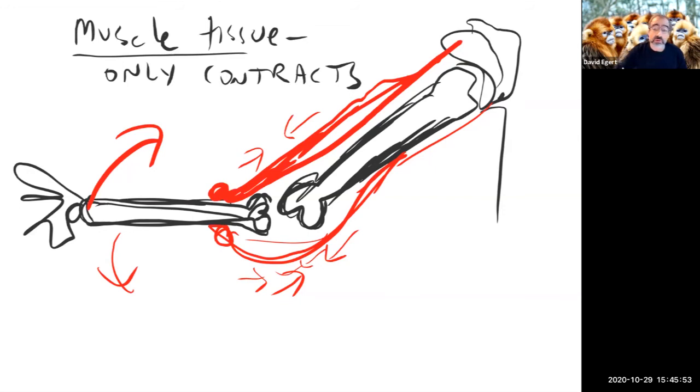Other things important to remember is this idea of levers. If you look at how the muscle is attached to the skeleton, it's usually attached very close to the fulcrum point, the point where the joint is actually swinging or moving.